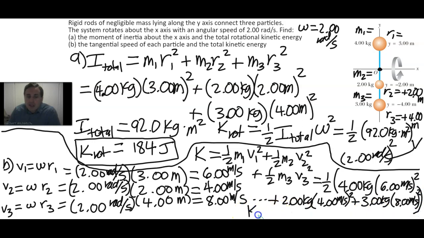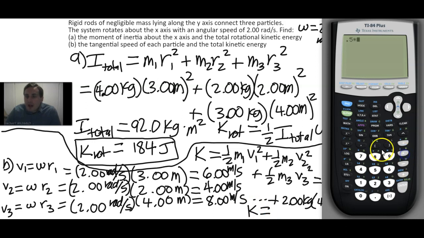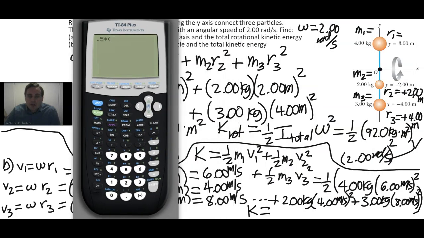So let's get this kinetic energy, the linear kinetic energy. So let's perform 0.5 times parentheses, each mass times each linear velocity squared. So we'll do 4 times 6 squared plus 2 times 4 squared plus 3 times 8 squared.